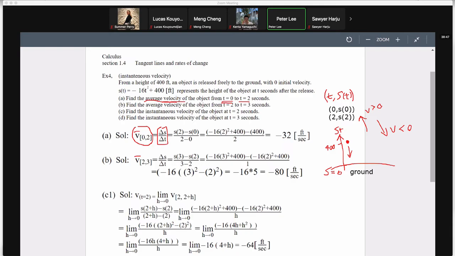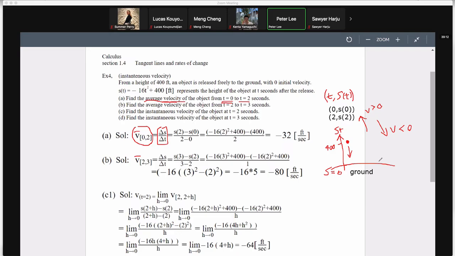So in physics, we don't go by speed. We actually go by velocity. Velocity is basically speed with direction. So if v is positive, then it moves in the positive direction of the axis. And if v is negative, then it moves in the negative direction of the axis.